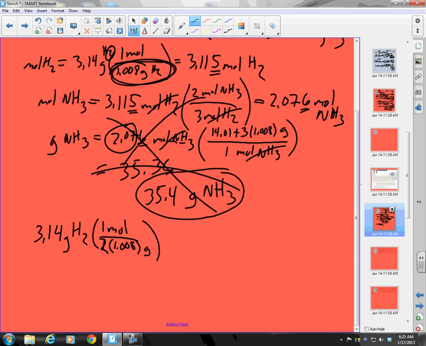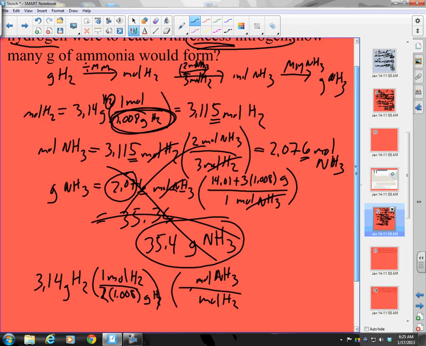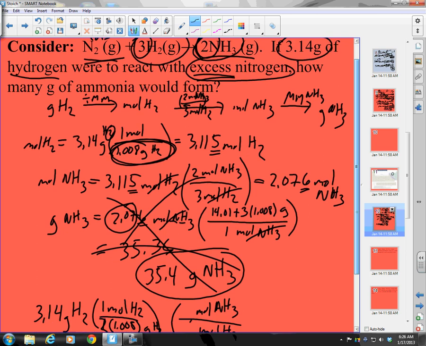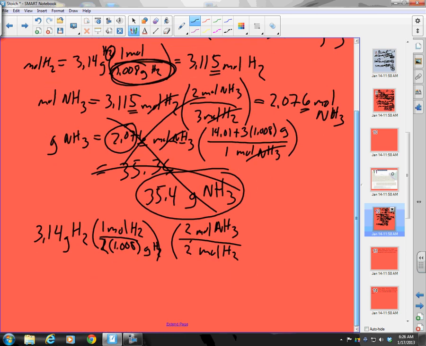And I'll show you how to do this all in one step, right? So here's my grams of H2. Good, and then that gives me moles of H2. And then I want to have my ratio of moles of NH3 over moles of H2. Where do I get that? It's 2 NH3 to 3 H2. So put a 2 here and a 3 here.